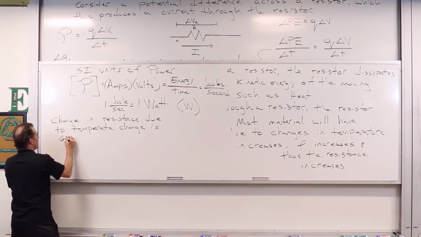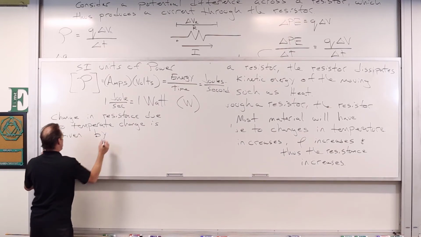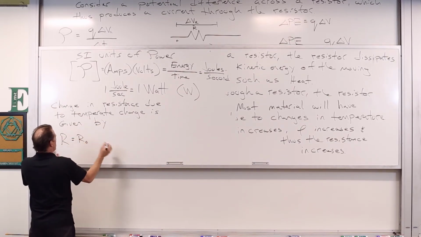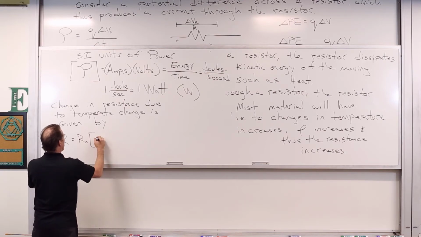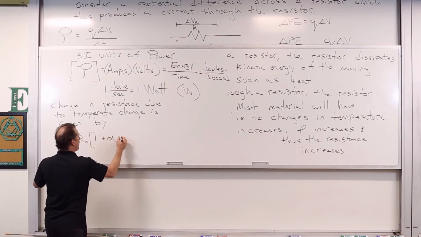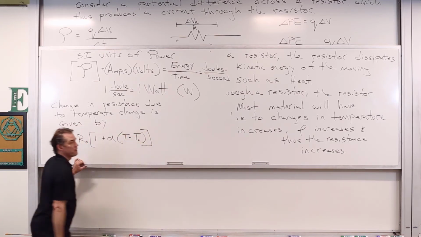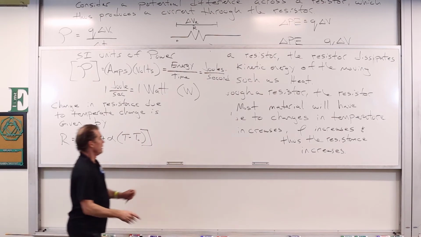It's given by R is equal to R sub 0 multiplied by the quantity of 1 plus alpha times T minus T0. So then you say, well, what is all this stuff?